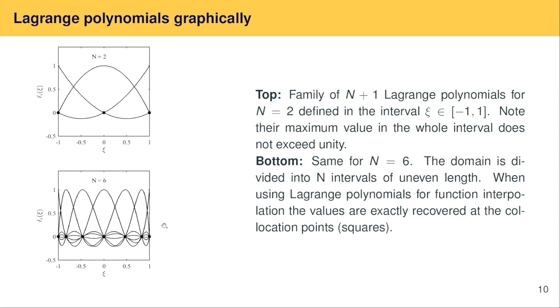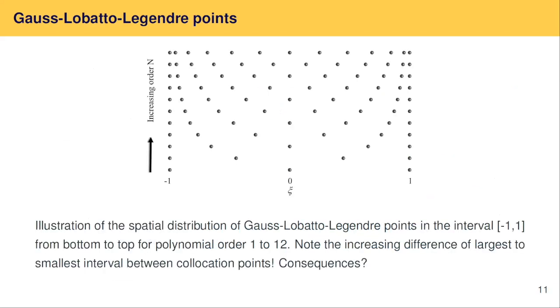If we had more time, when I introduced the pseudospectrum method, I would have shown you also the Chebyshev pseudospectrum method, where this is also the case with Chebyshev polynomials. You can imagine that if the order increases, the difference between the distance between these points and the points close to the boundary is increasing. That's shown in this graph here. These are the collocation points for the Lagrange polynomials as a function of order.